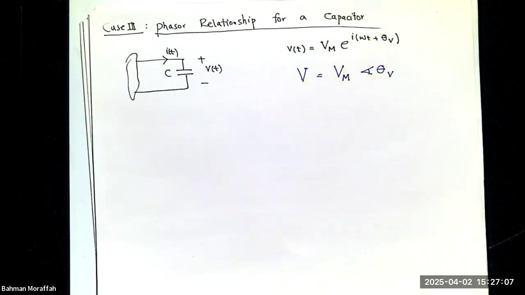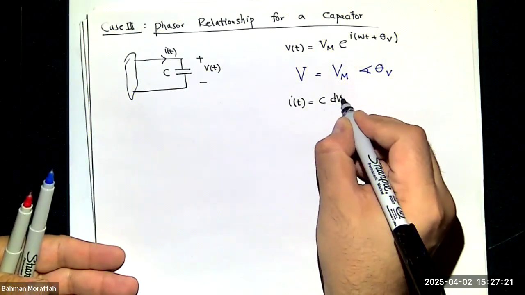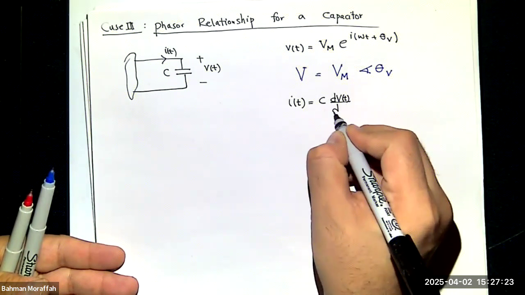What is the relationship between V and I for a capacitor? I equals C dV/dt. So let's write it down. I of t is C dV(t)/dt.